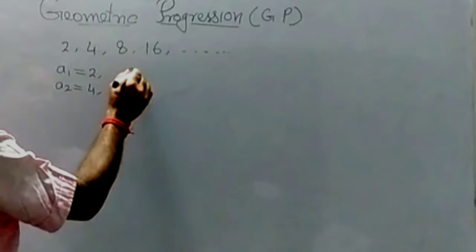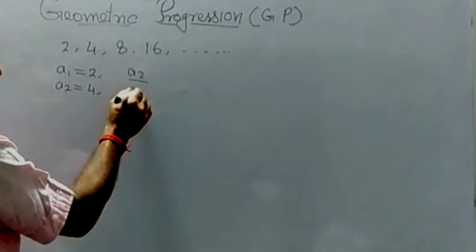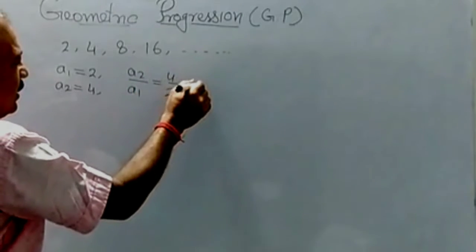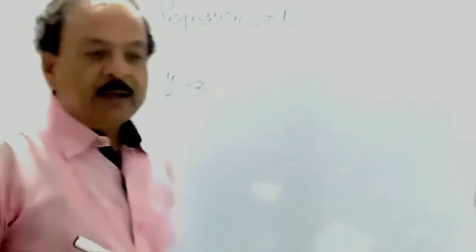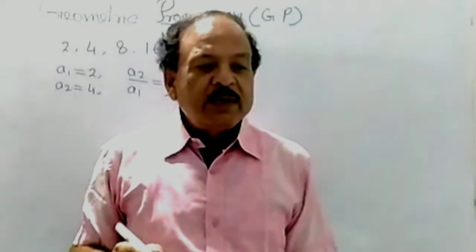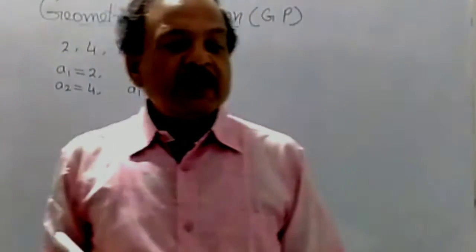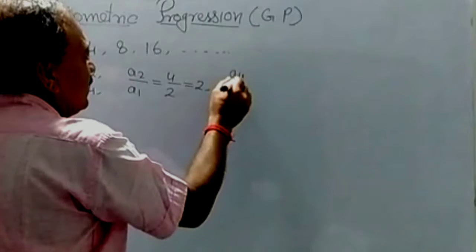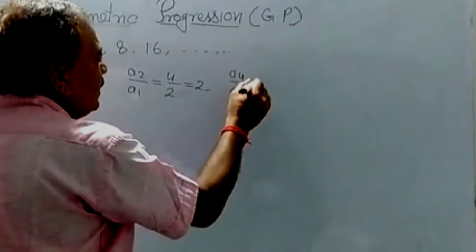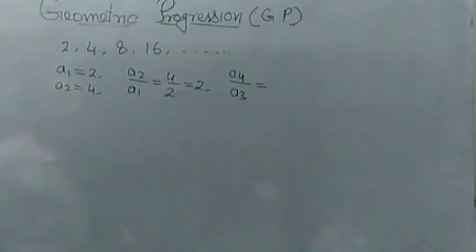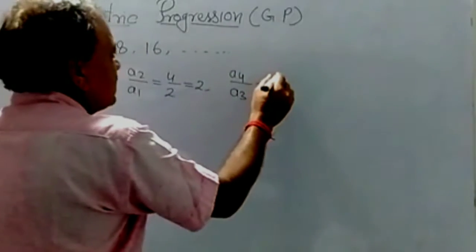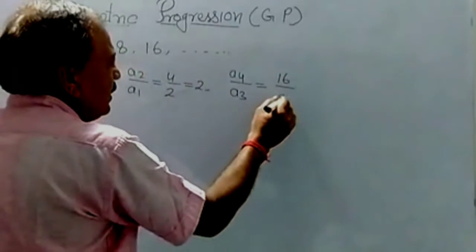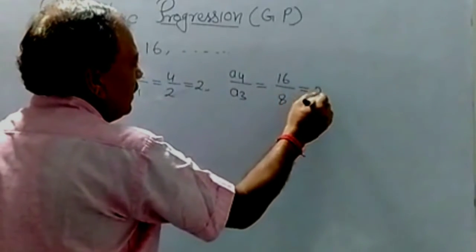So here A2 by A1, that is 4 by 2, you get 2. In the same way, if you consider A4 by A3, then A4 is 16 and A3 is 8. So now you get 2.